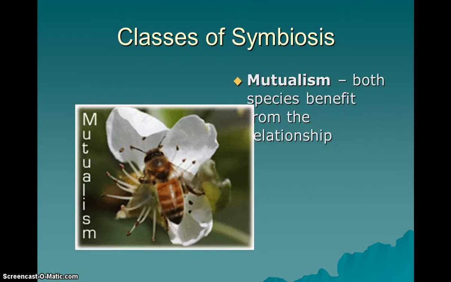So first off, we have mutualism, and I didn't notice that picture was covering it. That's when both species benefit from the relationship. So the bee is going to get the nectar, but it's also going to help pollinate the flower.